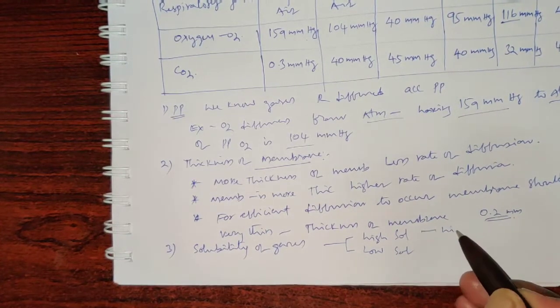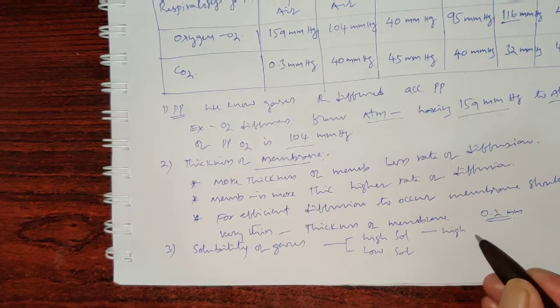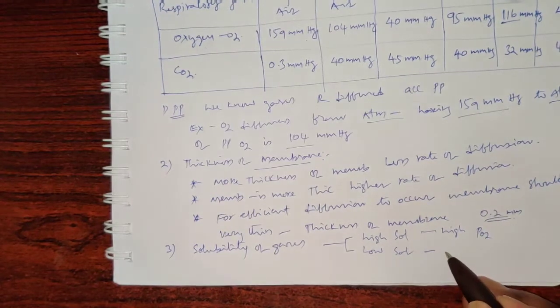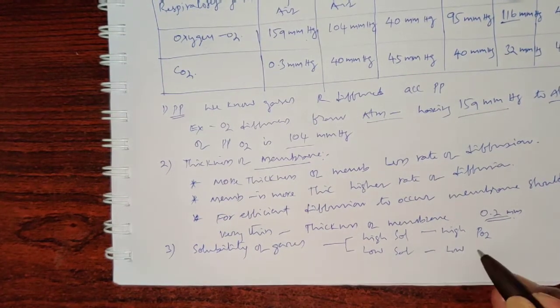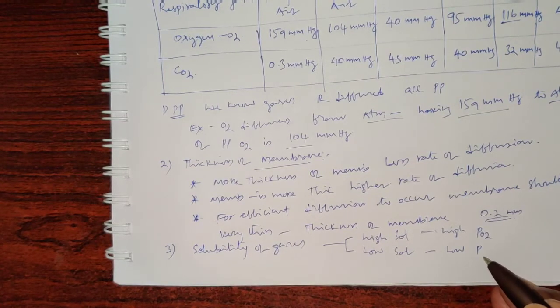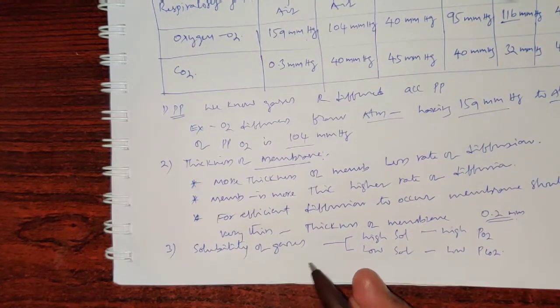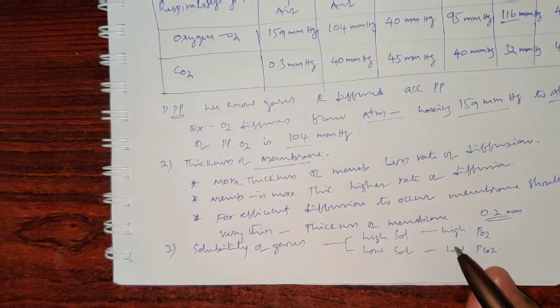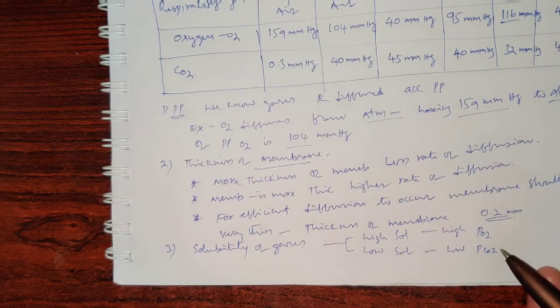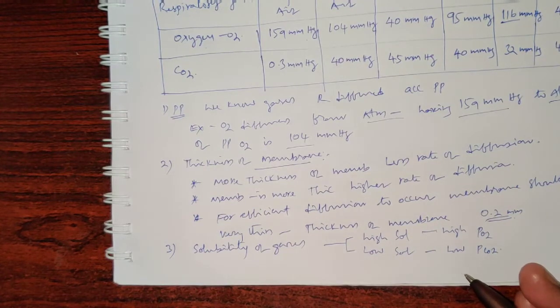High solubility is higher partial pressure of O2, low partial pressure of CO2. I mean, the solubility of gases is more soluble. The gas having more solubility, the more the gases will diffuse. If the solubility is less, a small amount of gases will diffuse.